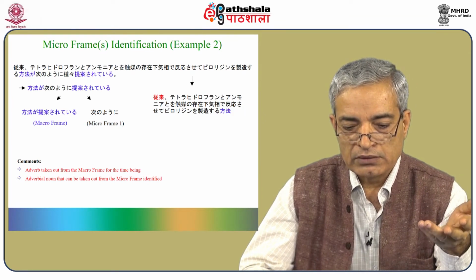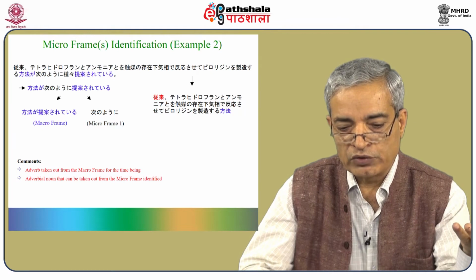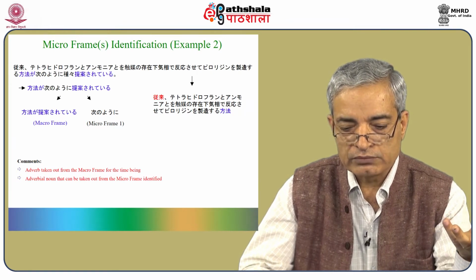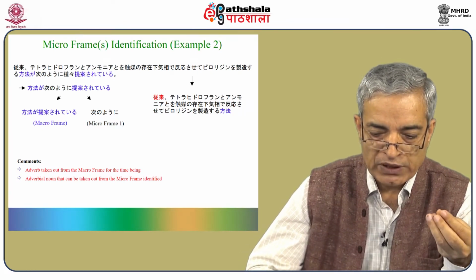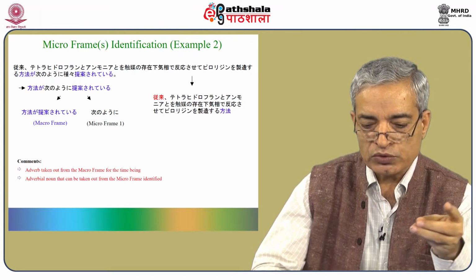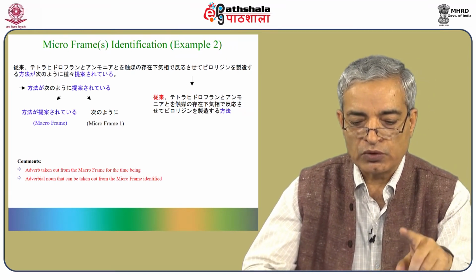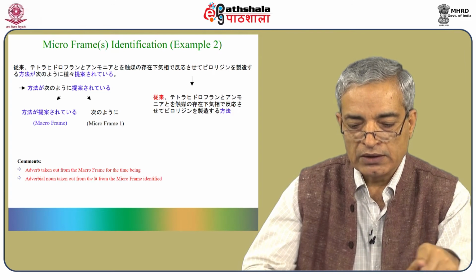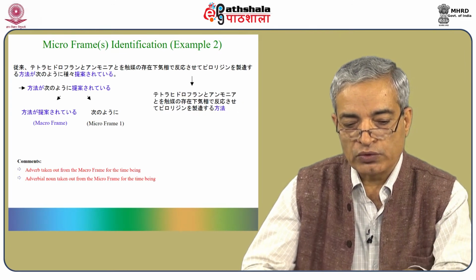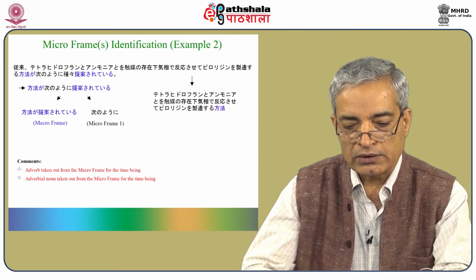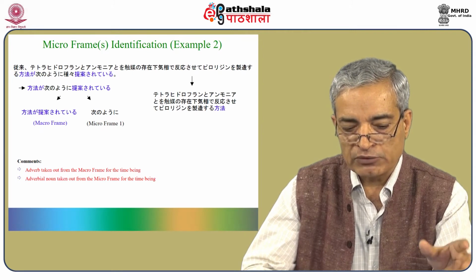Then if I leave that out, the verb here is hoho, and if you try to pick out, then it is pirorigin o seizo suru. The hoho goes with that, because hoho has already gone in the beginning. So this is some duplication.